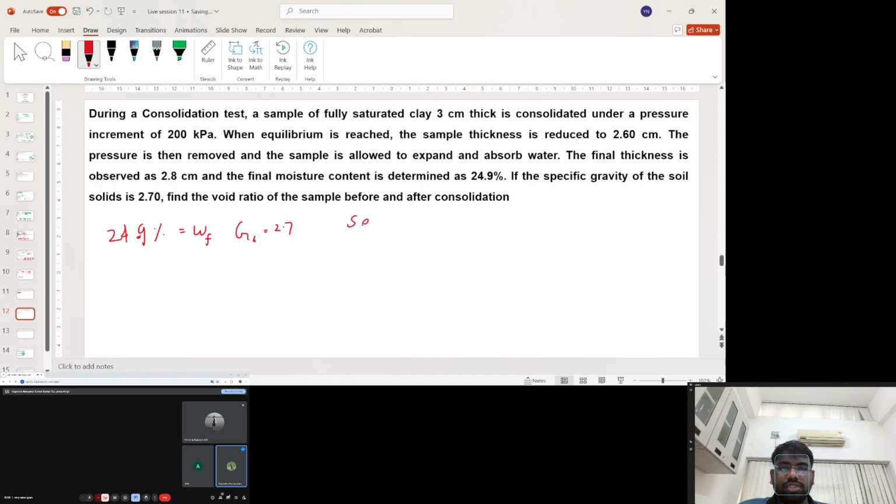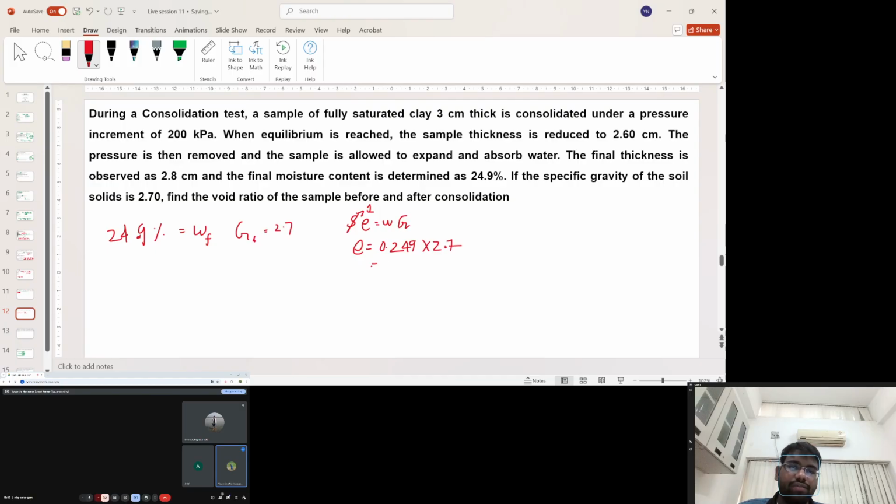So we know Se is equal to wG, S is 1. So e will be 0.249 into 2.7.